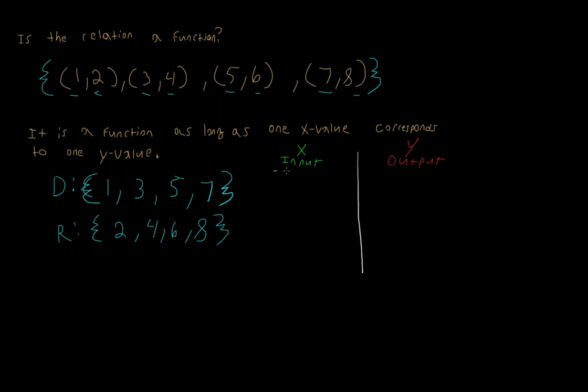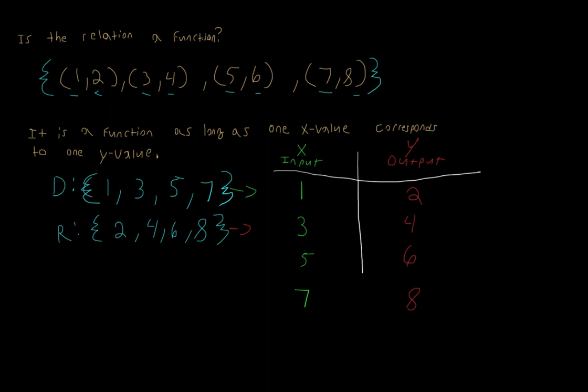Okay, so let's put all the x values, all the inputs, over here. We have 1, 3, 5, and 7. And for the range, 2, 4, 6, 8.